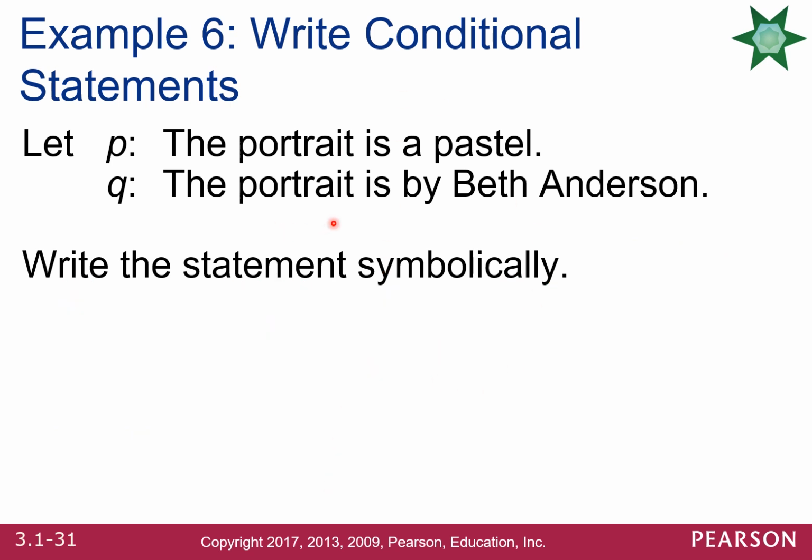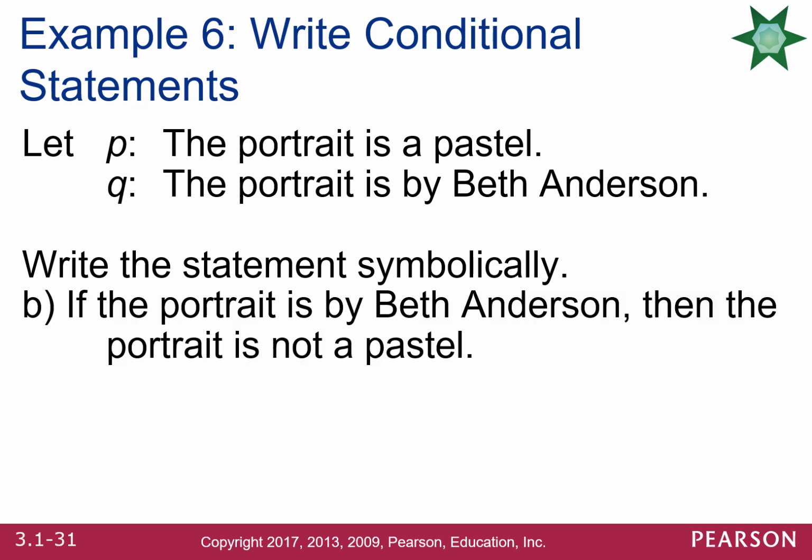How about a slight variation in the conditional statement using the same ideas? P represents the portrait is a pastel, and Q represents the portrait is by Beth Anderson. So let's look at the statement. It says here, if the portrait is by Beth Anderson, then the portrait is not a pastel. So again, two thoughts, but this time Q has been put first.